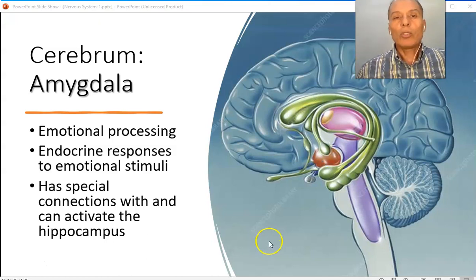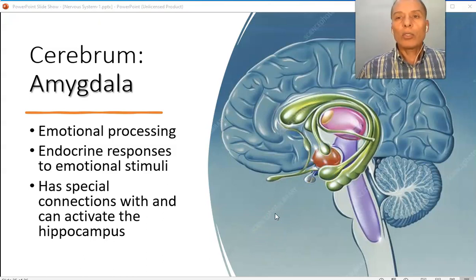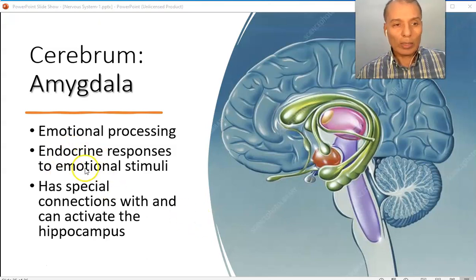Any baby in distress or crying is going to make her lactate in response. So the emotional response induces activation of endocrine responses.